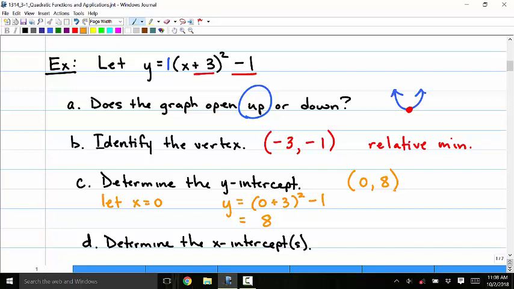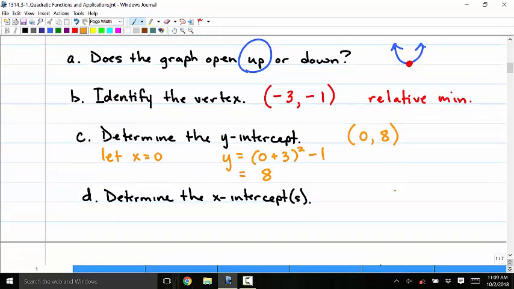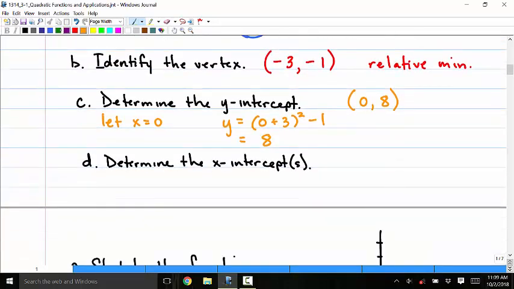Now find the x-intercepts. How do you find the x-intercepts? You let y be 0. So I have 0 equals x plus 3 squared minus 1. How do I solve that? I'm going to move 1 to the other side.